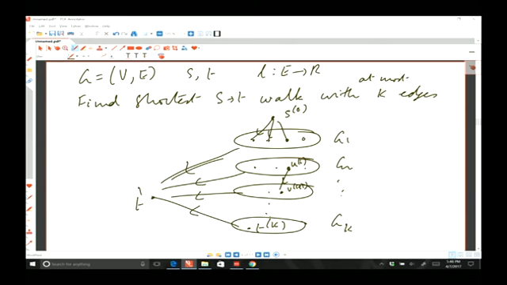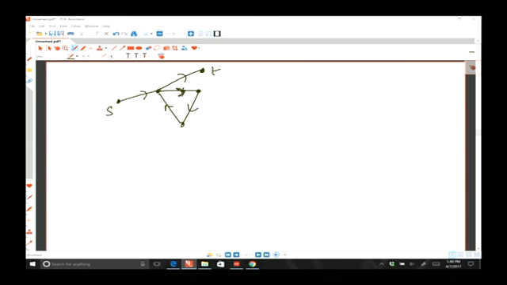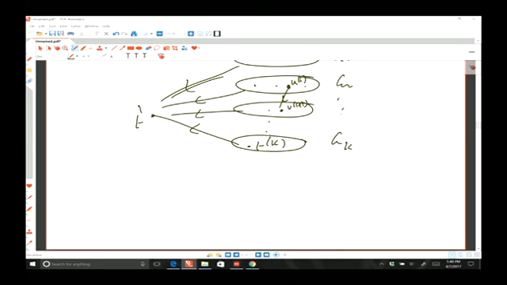If I give you this graph and give you 5, the answer will be yes, because there is one. But that requires you to duplicate this vertex. This vertex will occur twice in that layer, and that's the only reason you will have a feasible solution. It's not about edge lengths being negative or positive.